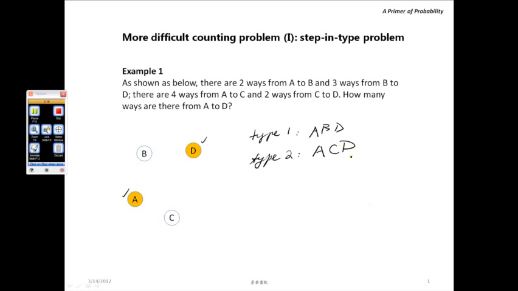However, unlike the problems we met before, both types contain multiple steps. Type 1 involves 2 steps, with step 1 of A to B. So we can write here, take a note, we got 2 ways from A to B, and step 2 of B to D. Type 2 involves 2 steps, with step 1 of A to C and step 2 of C to D. B to D right here is 3 ways.